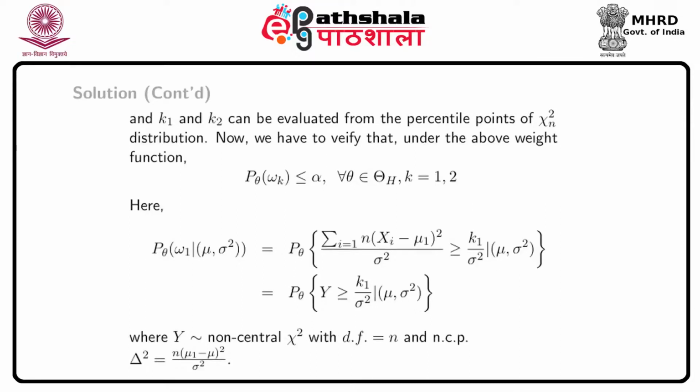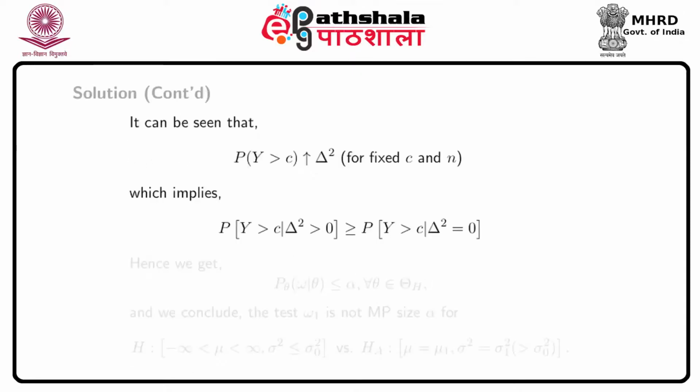Here, the probability measure under theta of W1 under (mu, sigma square) is equal to the probability under theta of summation over i from 1 to n of (xi minus mu 1) whole square divided by sigma square greater than or equal to k1 by sigma square under (mu, sigma square), and that gives probability of Y greater than or equal to k1 by sigma square, where Y is non-central chi-square with n degrees of freedom and non-centrality parameter delta square, that is equal to n into (mu 1 minus mu) whole square divided by sigma square.